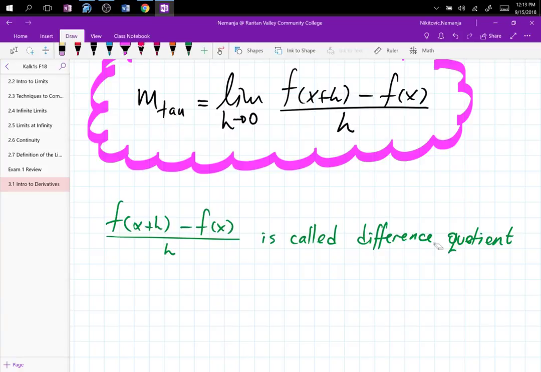Another example that we are going to visit and revisit many times in chapter 3, as we talk about the difference between average and instantaneous, is going to be velocity. You see, to get from point A to point B, you are covering the distance in time.